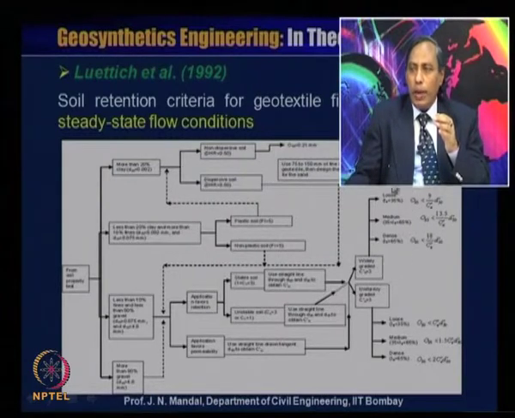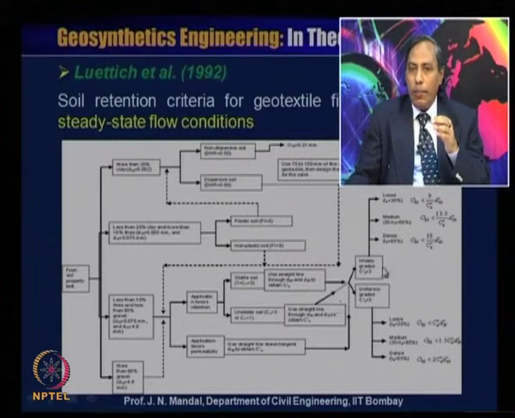Accordingly, depending upon the density of the soil, there is also a relationship between Cu and the defined value of D. Whether it is loose, medium or dense, accordingly, by the Giroud method, you can determine what should be the O95 value.